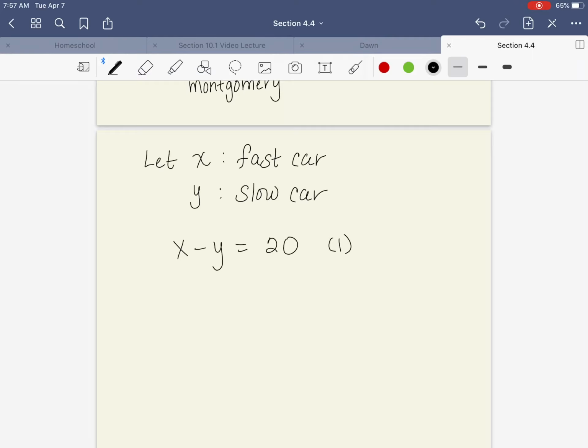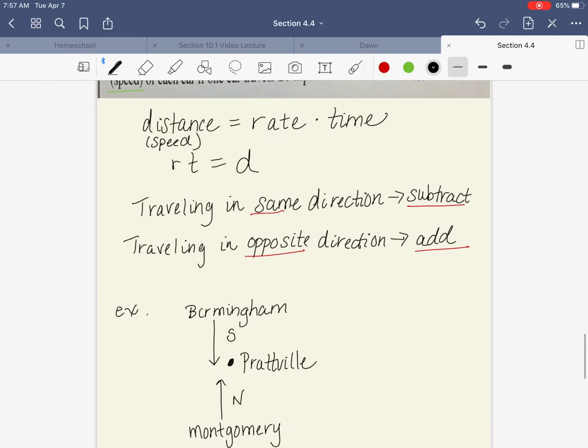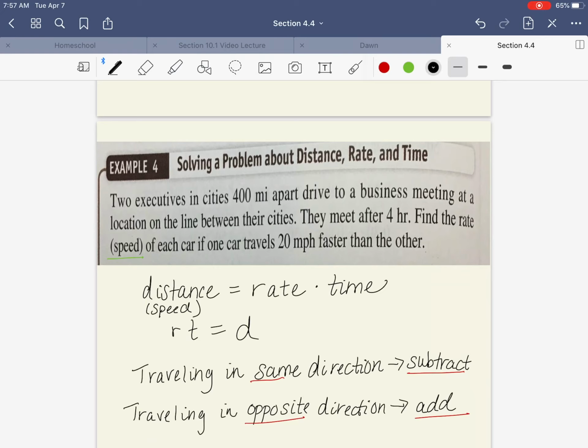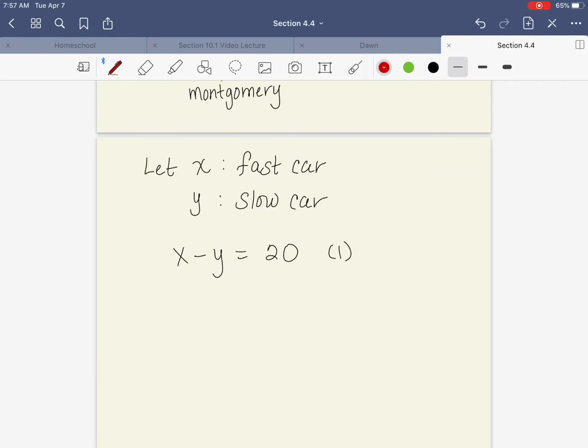All right. Now, rate times time equals distance. What is the rate? What is the time? It says they meet after 4 hours and the distance is 400 miles. So the time is 4.